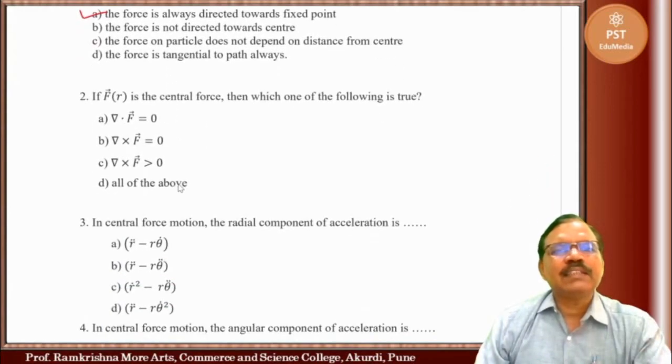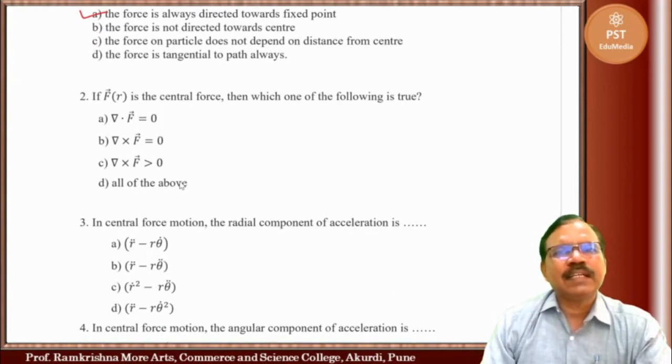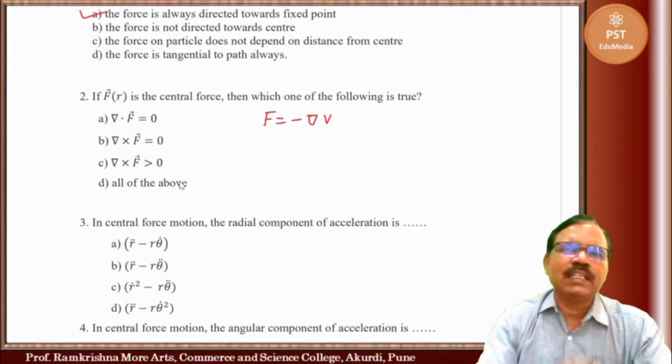If F(r) is the central force, then which of the following is true? If F(r) is the central force, it can be derived from the negative gradient of the potential, where potential means the potential in which that body is moving.